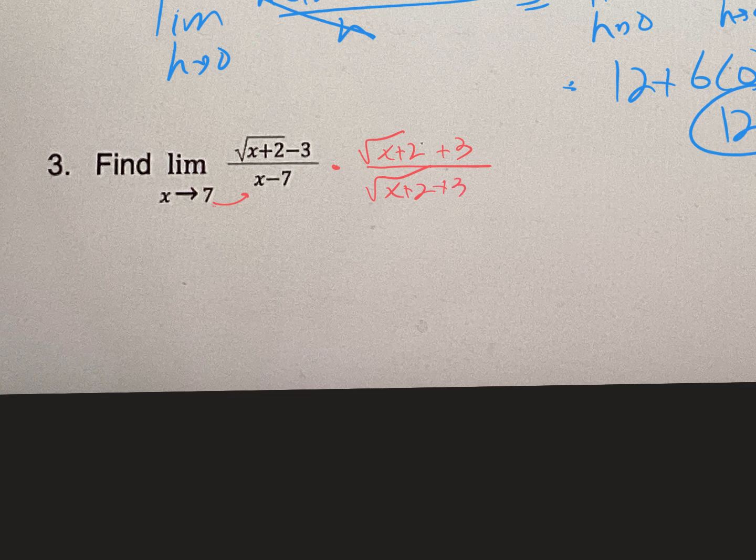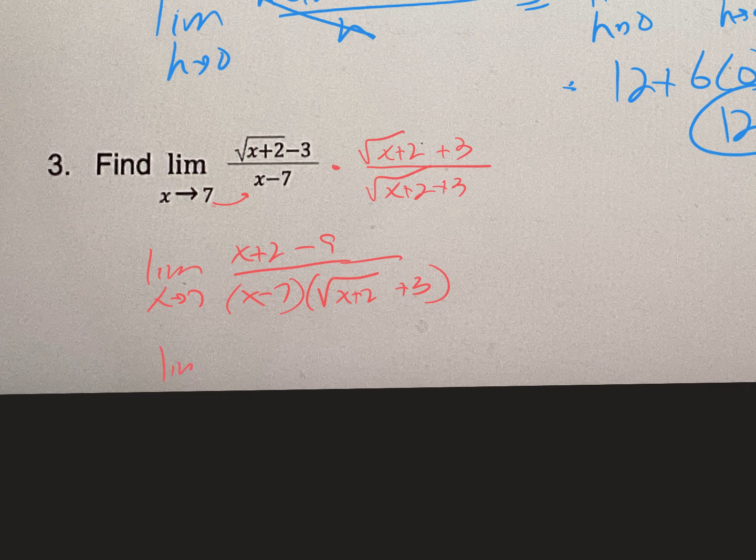So on my numerator, when I multiply by the conjugate, if I do the square root of x plus 2 squared, I just get x plus 2. And if I do negative 3 times positive 3, that's just minus 9. On my denominator, I'm not going to actually multiply this out yet. I'm going to leave it looking like this. And we're going to go from there.